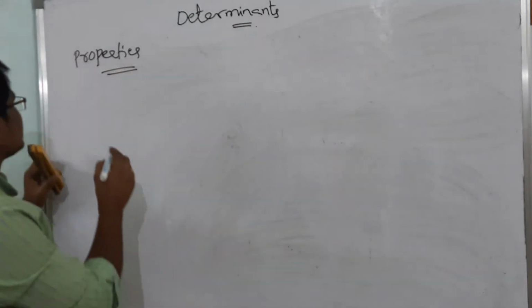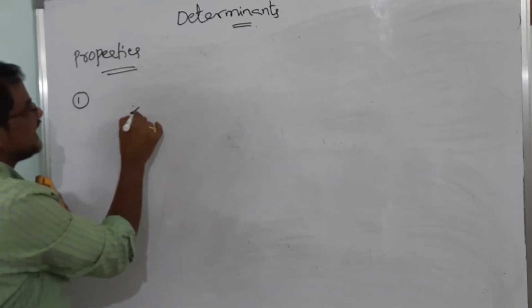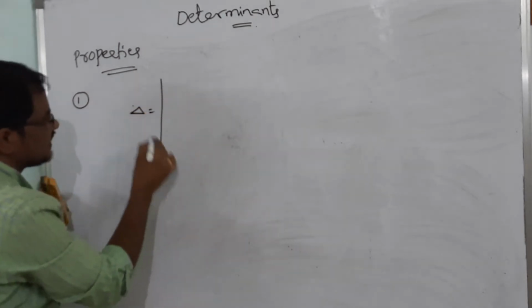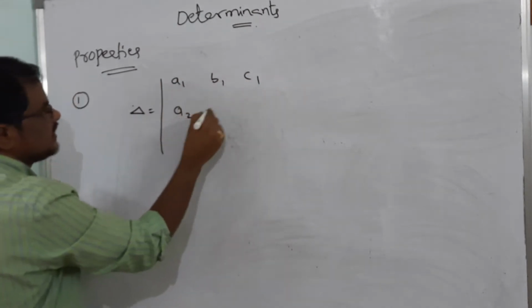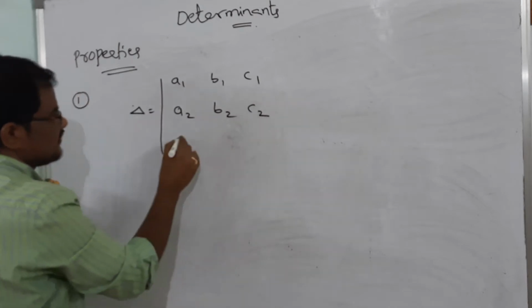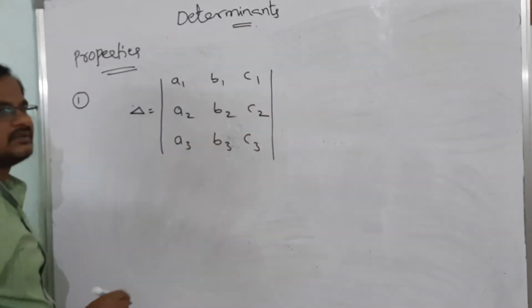And now, that is the first property. Suppose you take delta equal to the determinant of A1, B1, C1, A2, B2, C2, A3, B3, C3, right?